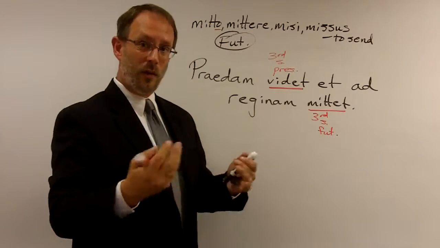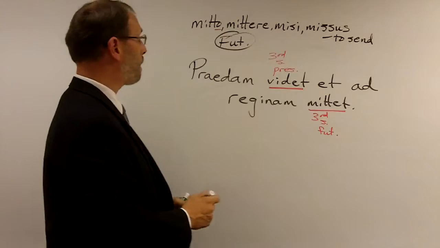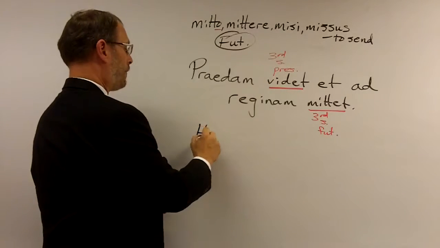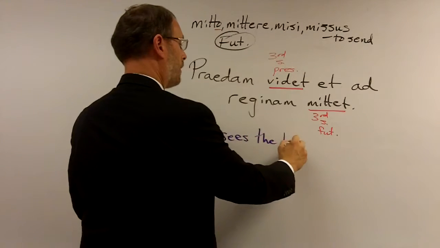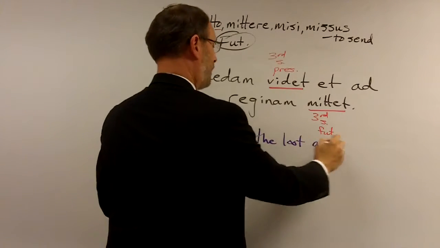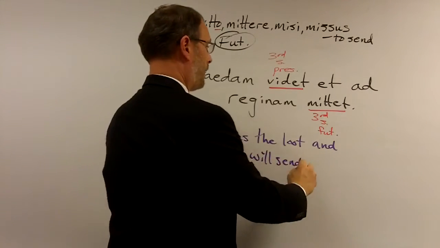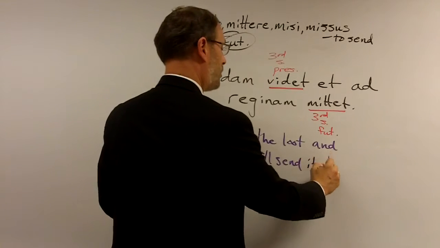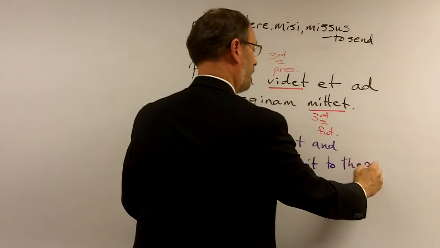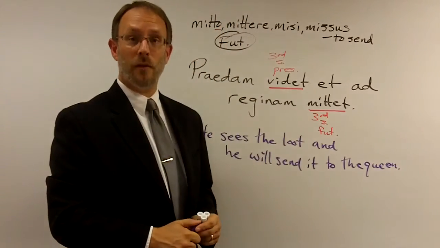Now listen to how these verbs that look very much alike are actually translated very differently. He sees, present tense, the lute. And he will send, because mittet is future tense, it to the queen. And that's third conjugation future tense.